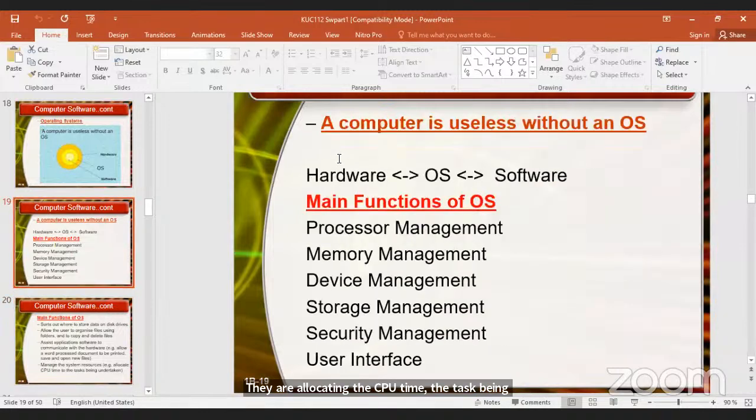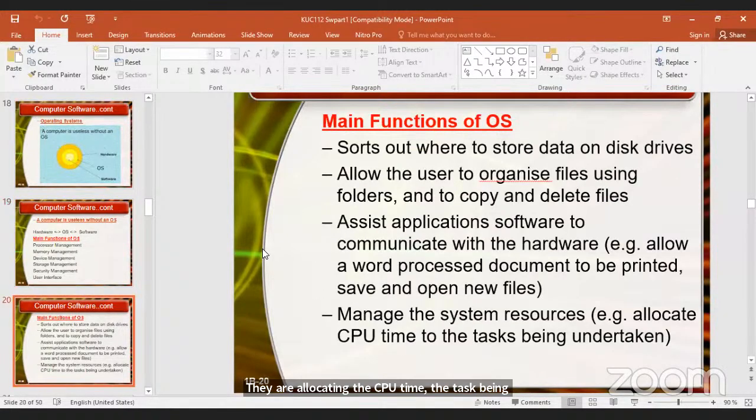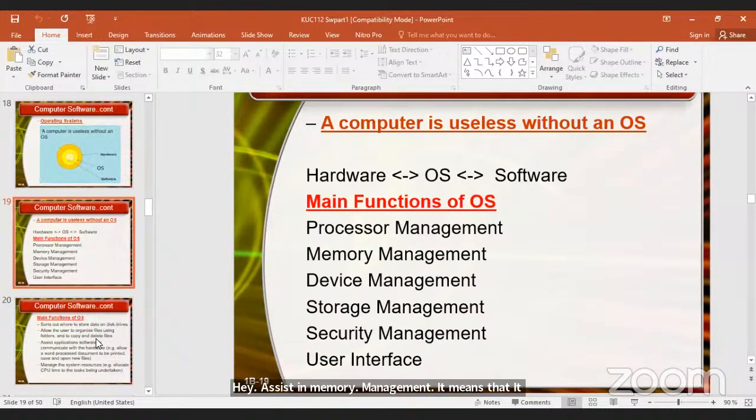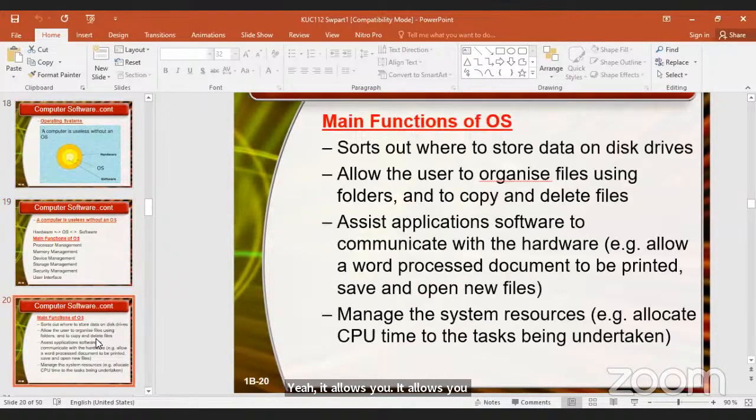When you say that the operating system assists in memory management, it means that it allows you to organize files in folders, copy, delete, move, paste files in different locations, computer system.